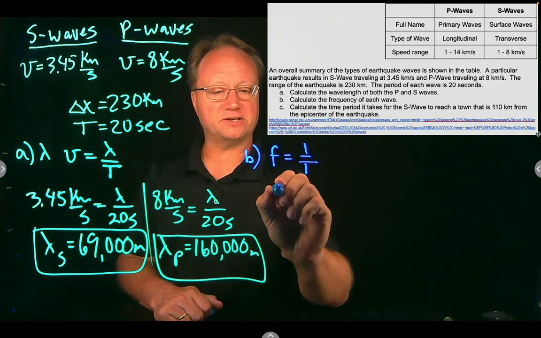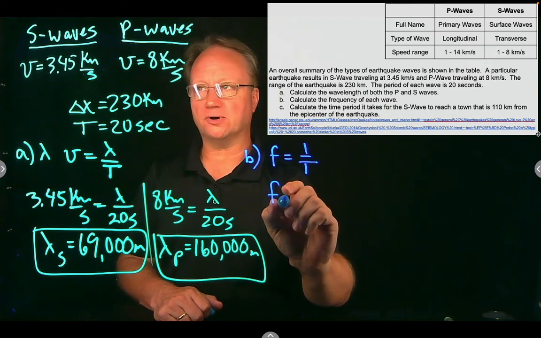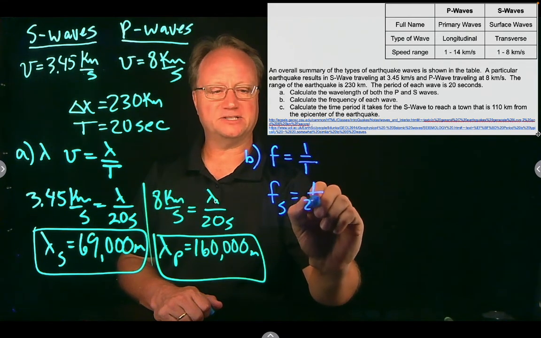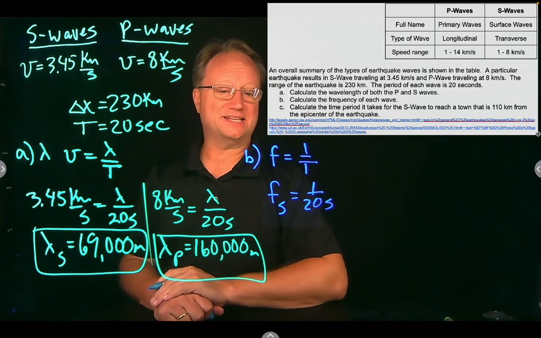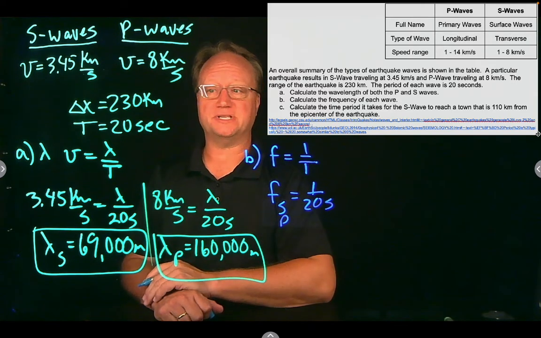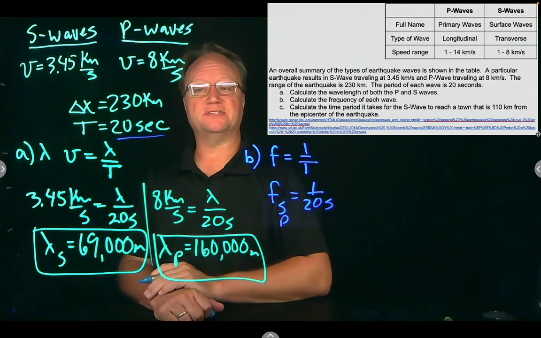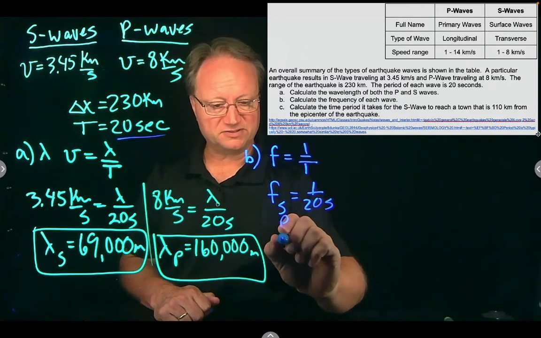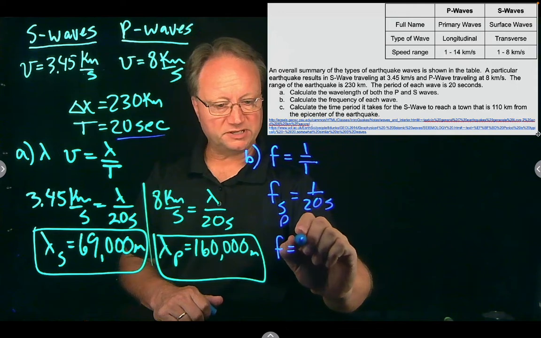So then we can calculate the frequency for the S waves as 1 divided by 20 seconds. And the frequency for the P wave also is 1 divided by 20 seconds because they both have the same period.